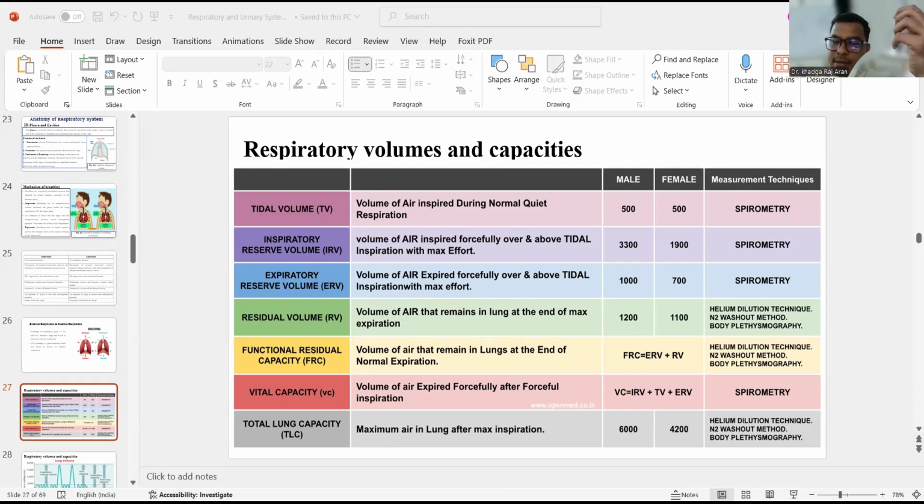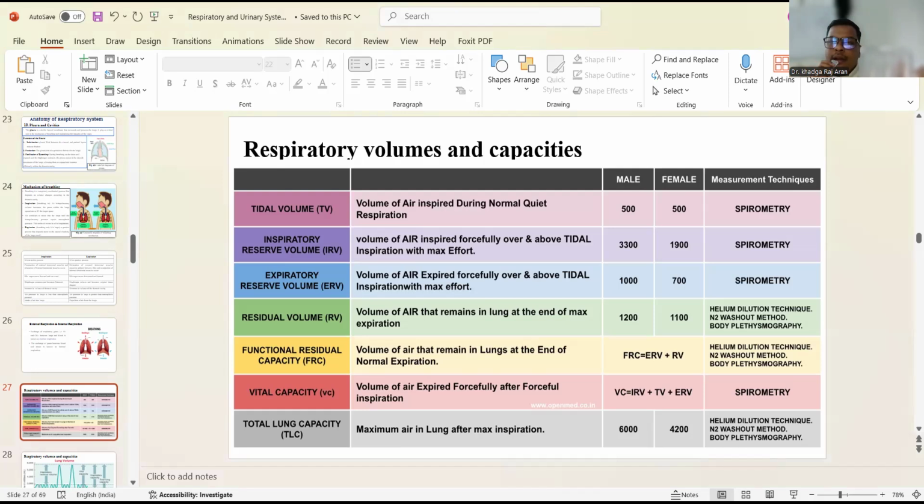So first is tidal volume, that means the volume of air inspired during normal respiration. For example, if I put it in the mouth, this is normal respiration, the bulb will not go up and down because I am not breathing forcefully. But there is the inspiratory reserve volume, known as IRV. IRV is the volume forcefully inspired above the tidal inspiration with maximum effort.